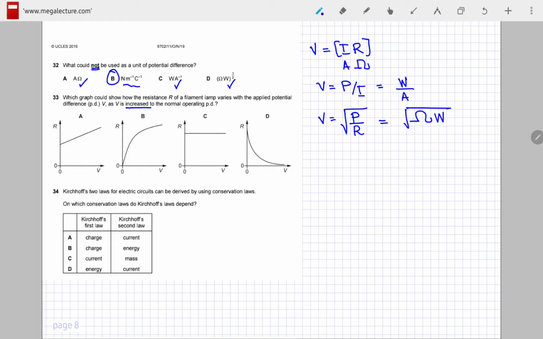Right, so we have these graphs, and we know that as the applied potential difference increases, the current will increase, and this will make the filament lamp get hotter, and it will cause the resistance of the lamp to increase. So that means that the correct option in this case would be option number A.